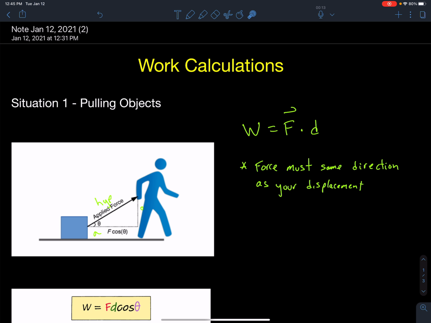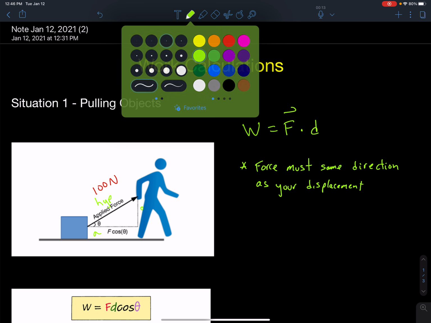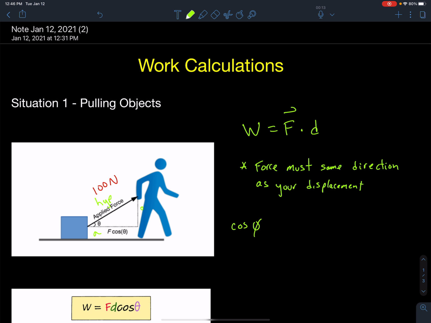So let's say that I am pulling that rope with 100 newtons. Well, the amount of force that I'm actually pulling horizontally with is going to be equal to, so just remember that cosine theta is equal to my adjacent over my hypotenuse.